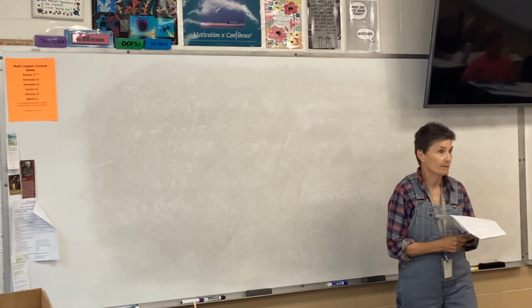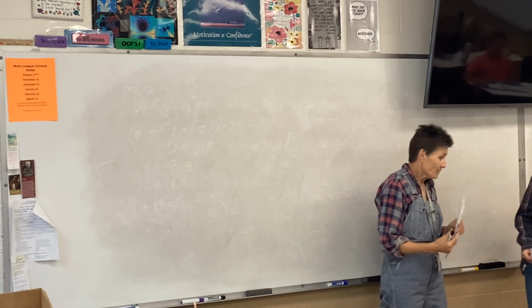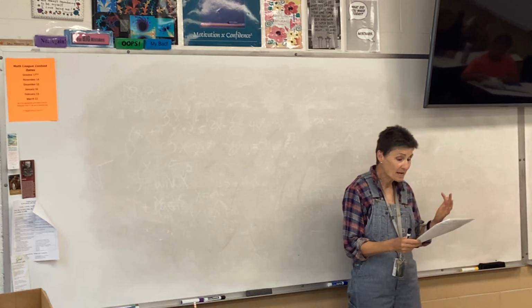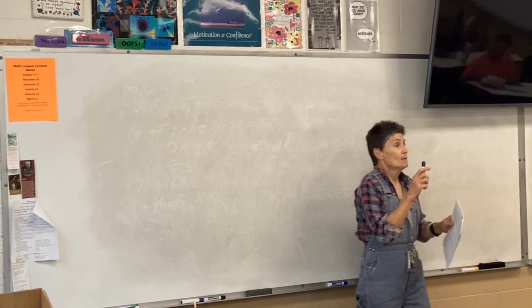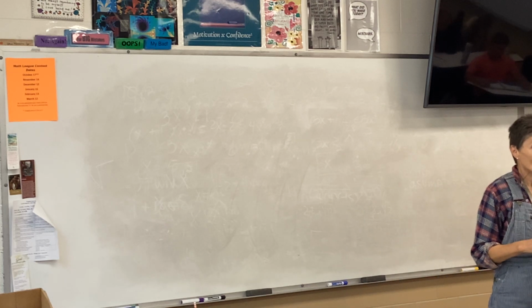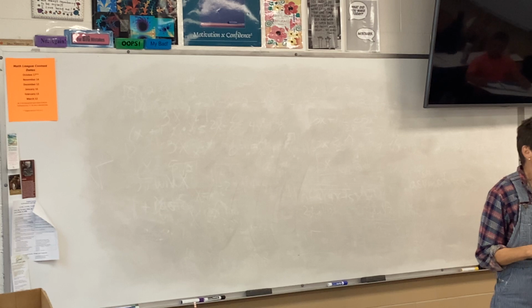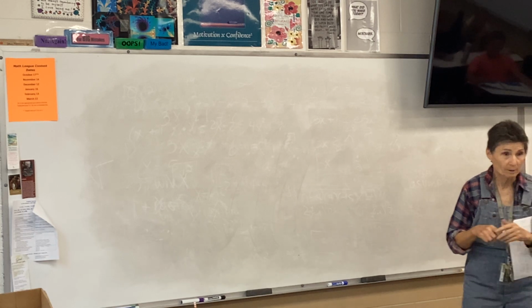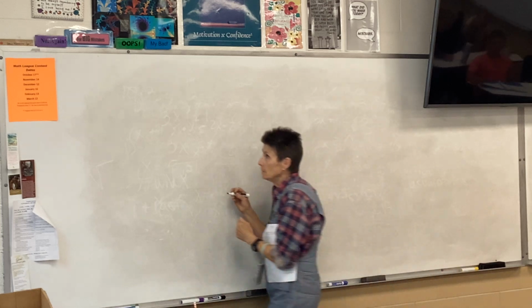That's exactly right. Now, some of you are not calculating the rates of change correctly. The average rate of change is simply the slope. And how do we find slope? y2 minus y1 over x2 minus x1.